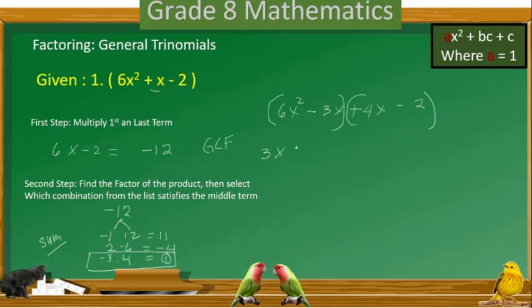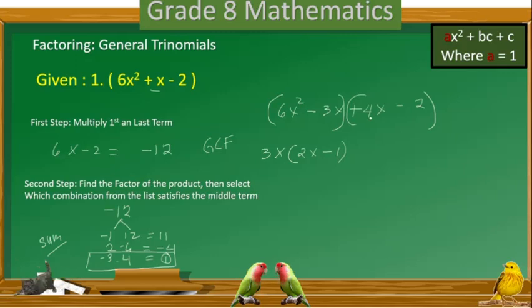So we will write 3x, and then divide the group by this GCF. 6x squared divided by 3x is 2x, and negative 3x divided by 3x is negative 1.